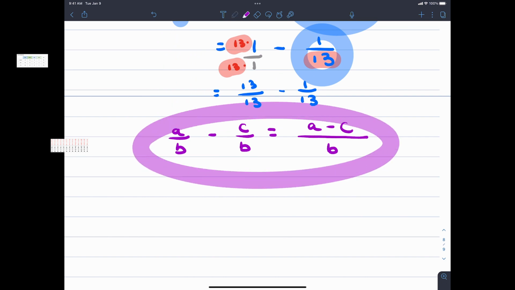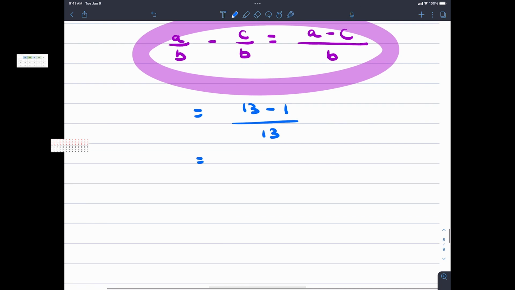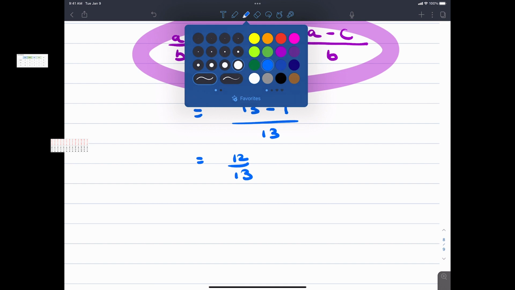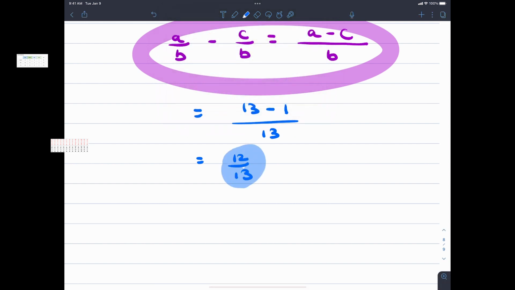So you say this is 13 minus 1 over 13. What is that going to be? You get 12 over 13, ladies and gentlemen, and that fraction's reduced. Guess what? You're done.